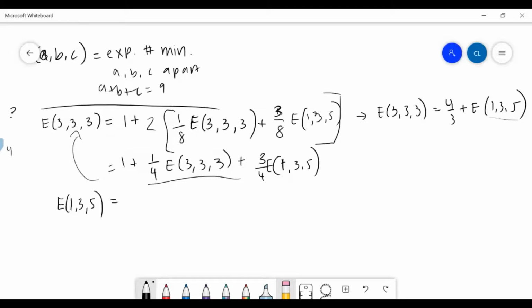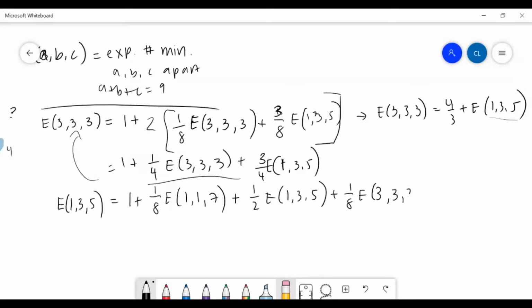looking at the different places that it can go to. So I'm not going to actually go through all of it because it will take a while, but we have 1 plus 1/8 E(1,1,7). So that means there's gaps of 1, 1, and 7, and then half probability that it stays as 135, and half probability that it goes to 333.